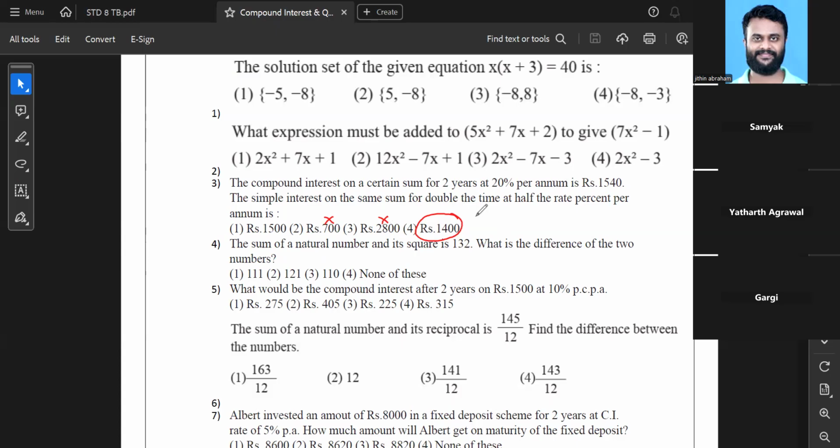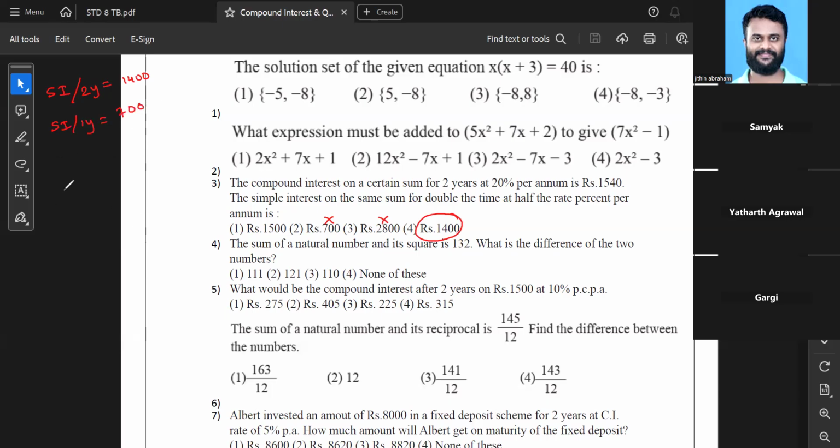So simple interest for 2 years, if I'm considering it as 1400, which means simple interest for 1 year should be 700, right?